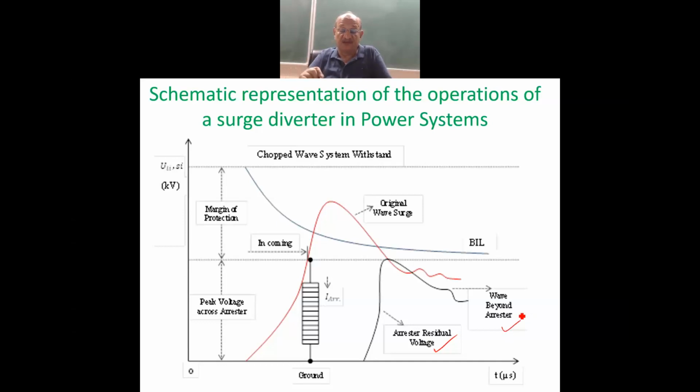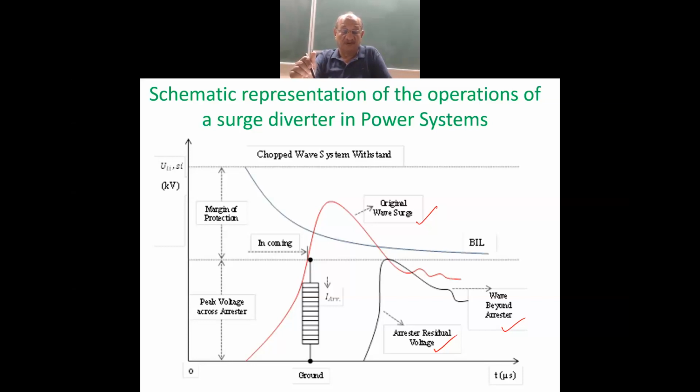This one is able to pass, and the red one, as you can see, is the original wave shape of the overvoltage, and the peak of the overvoltage is grounded, you can say, with the help of the arrestor.